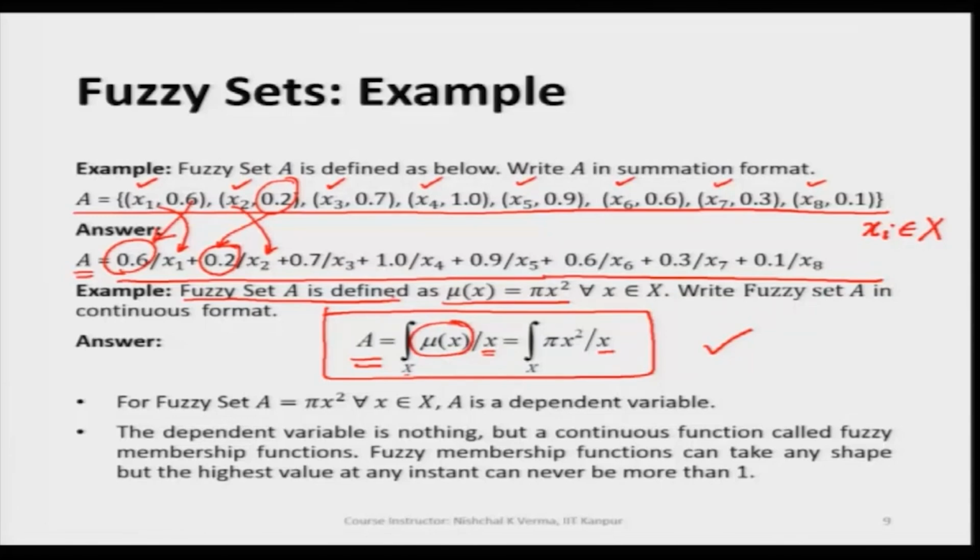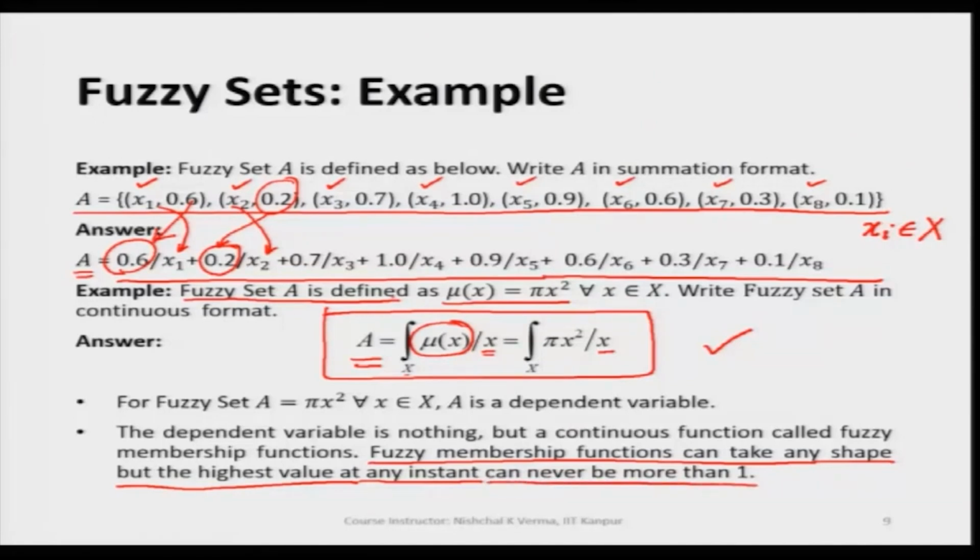And one more thing I would like to tell here is that fuzzy membership functions can take any shape, but the highest value at any instant can never be more than 1.